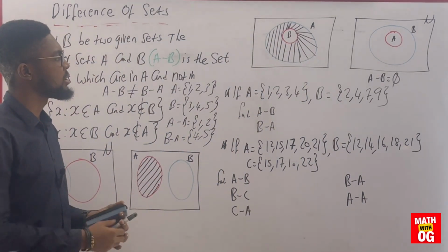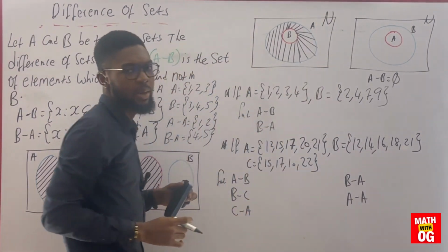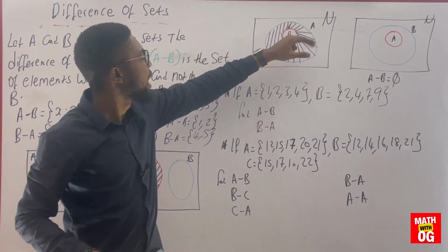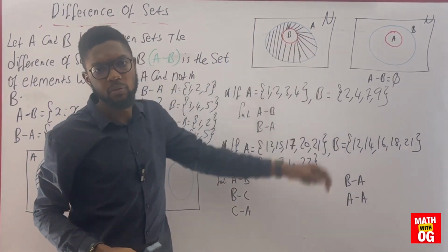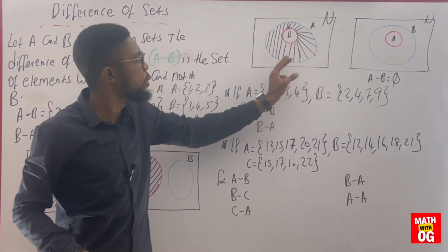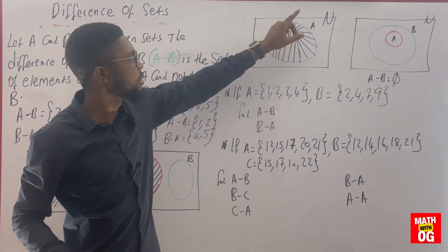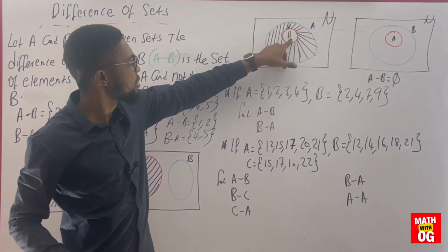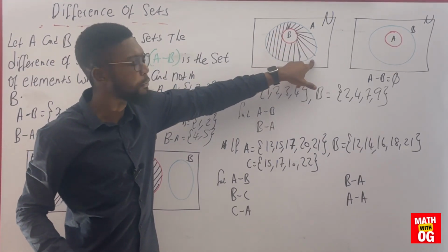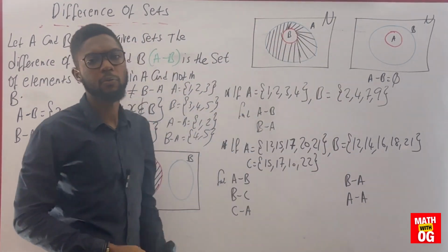Now let's look at this part. This is also our universal set. We are still looking at A − B. In this case, B is a subset of A. However, A and B are subsets of the universal set. For example, this can be the real numbers, A will be rational numbers, and B will be integers. Integers are subsets of rational numbers, and integers and rational numbers are subsets of real numbers.